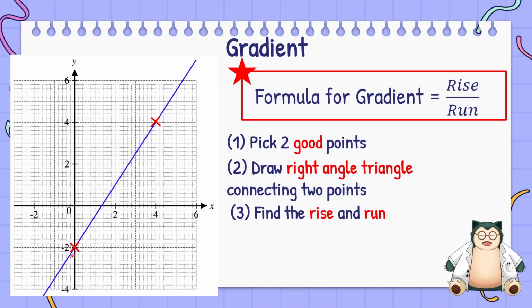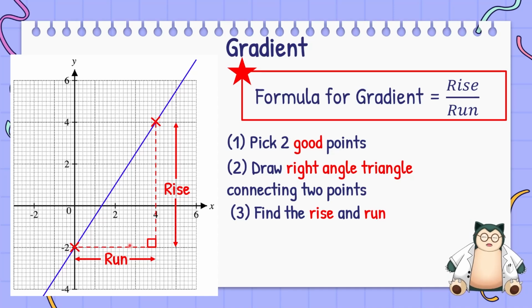The next thing is we extend these two points to form a right angle triangle. Normally when we draw our right angle triangle, please do so in pencil. Each side of our right angle triangle represents rise and run. How to remember?